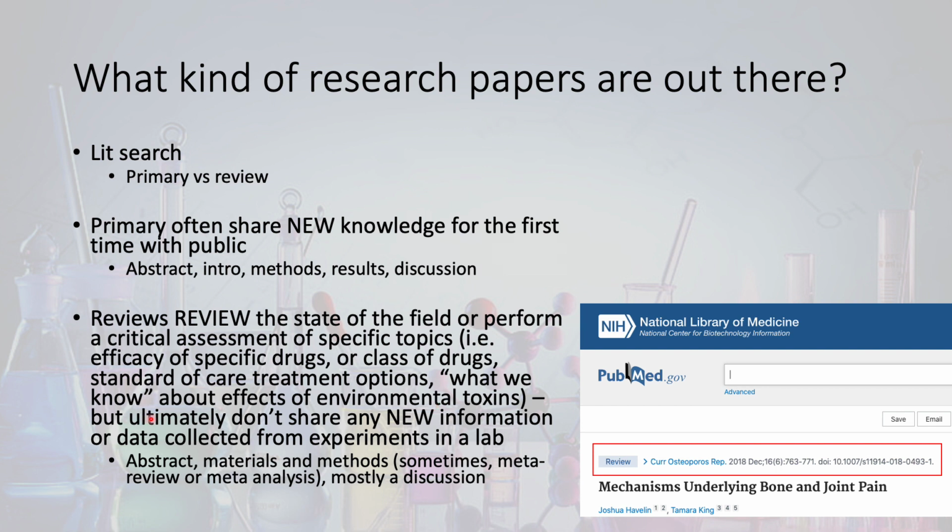But ultimately, these review articles don't share any new information or data collected from experiments in a lab. Again, they aren't publishing new, previously unshared data. Their goal is to compile and summate, if you will, the status of our current understanding of something, right? And so typically these articles will be laid out, some have abstracts.